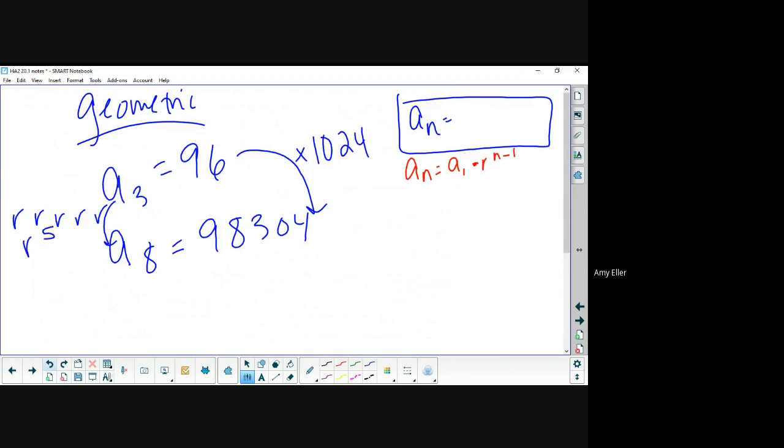From the third to the eighth term, I've multiplied by r five times. So r to the fifth creates this much multiplication. Let's write this down: r to the fifth equals 1024.